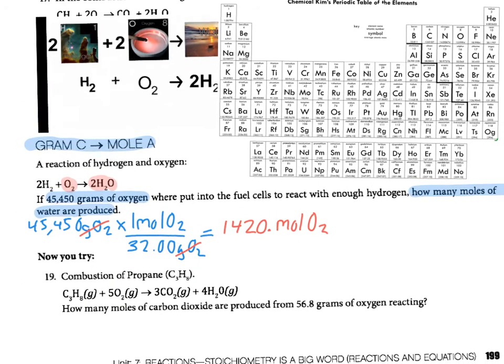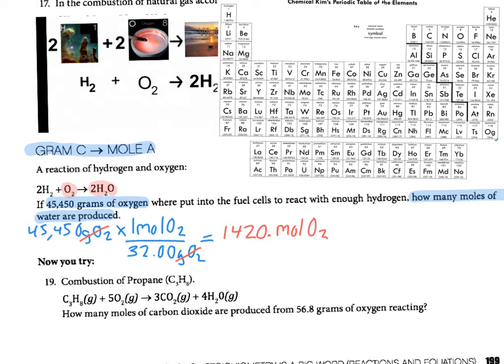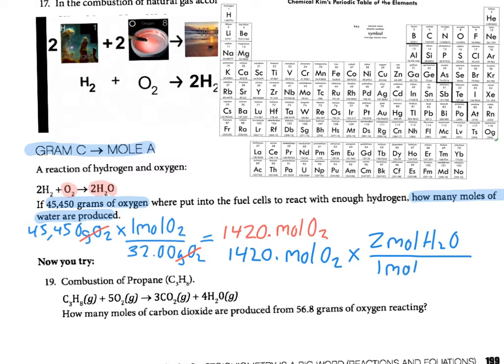I'm going to take my 1420 moles of O2, and I'm going to multiply it by the ratio of oxygen to water. And because I want to find the water, it's the water that's being asked, I'm going to put 2 moles of H2O on top of the equation, and then 1 mole of O2 on the bottom, because that coefficient in front of the O2 is a 1. And that's called the bridge step.